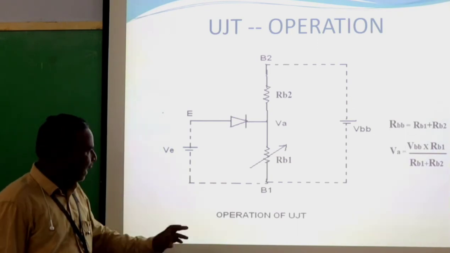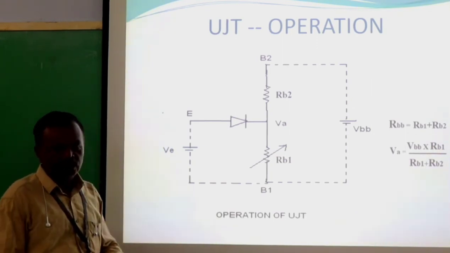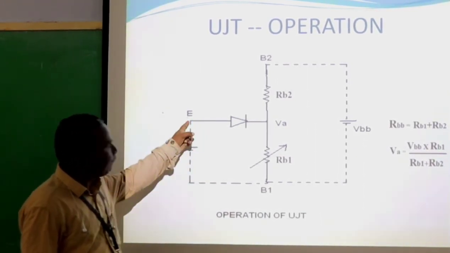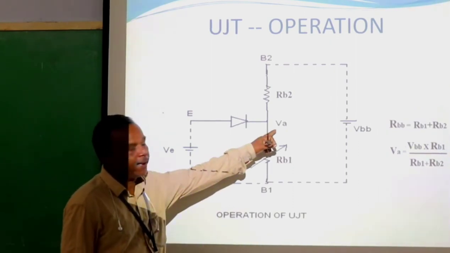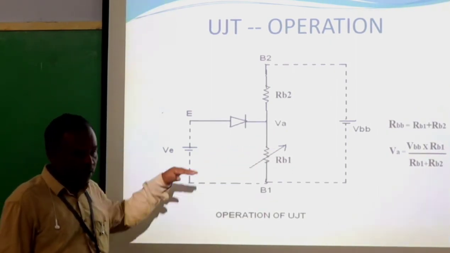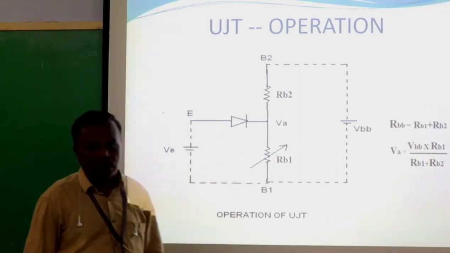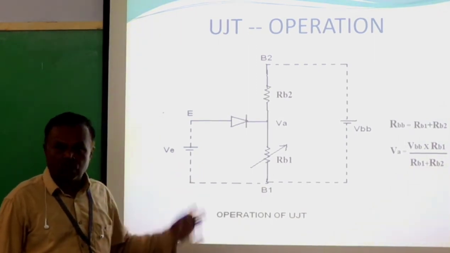Now, we apply some emitter voltage in this direction, just increasing the voltage. Whenever the emitter voltage is equal to the voltage at point A, it is neutral. Both voltages are equal, and the current flow through the device is 0.